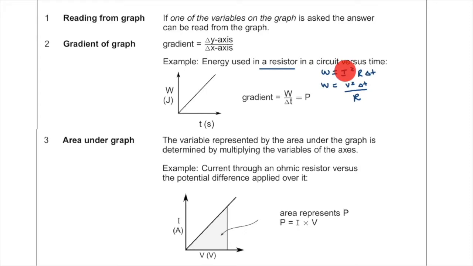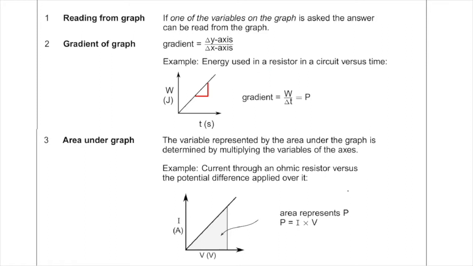The current through that resistor and the potential over that resistor, we're going to take that as a constant. And we're working with a resistor, so R is a constant. So both of them are going to show you that the energy is directly proportional to the time. And that's why we got a straight line through the origin.